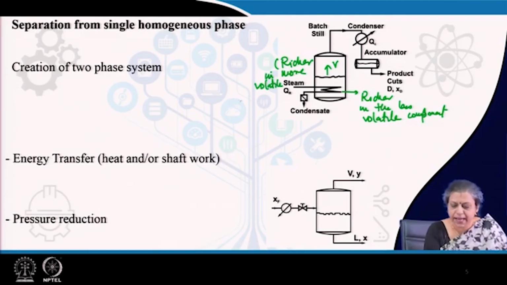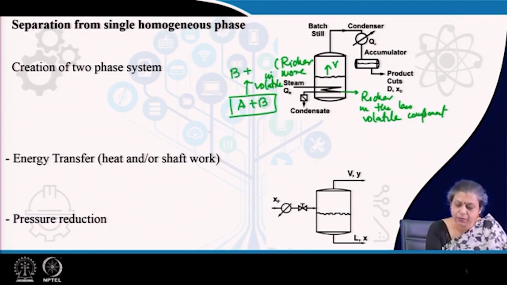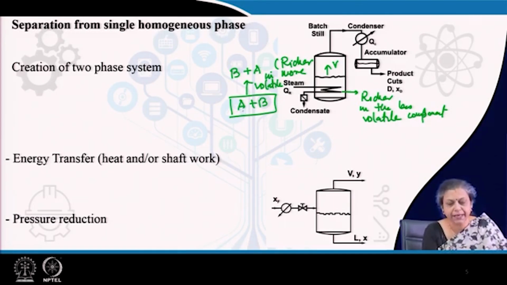So, among A and B, the example which I was citing, suppose the mixture comprises A and B, and B is the more volatile component. Definitely in the vapor we will have both A and B, but we will have a greater proportion of B here and a lesser proportion of A, and the liquid which will be lying here, naturally it will be richer in A, having a lesser proportion of B, right.